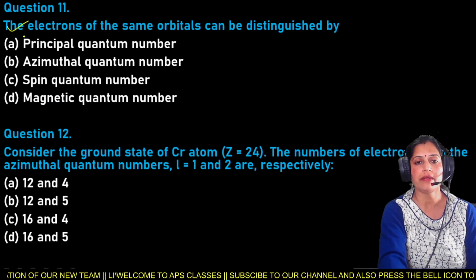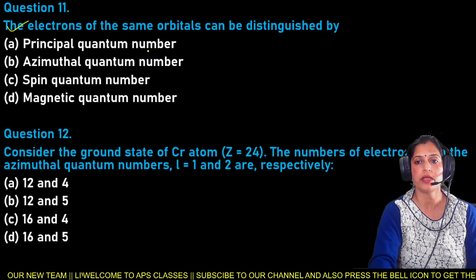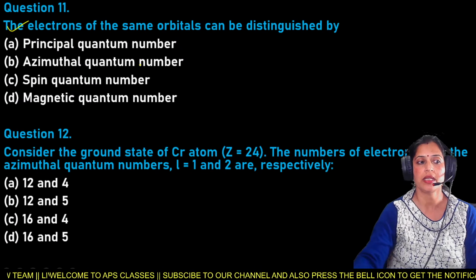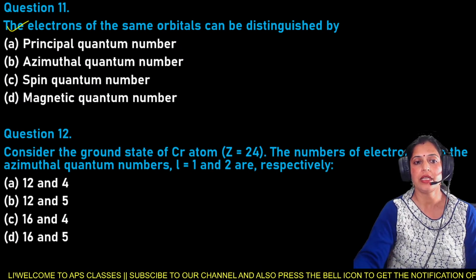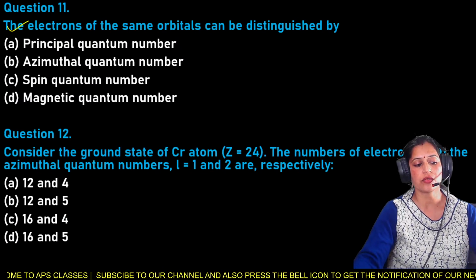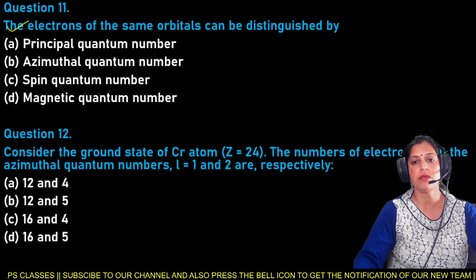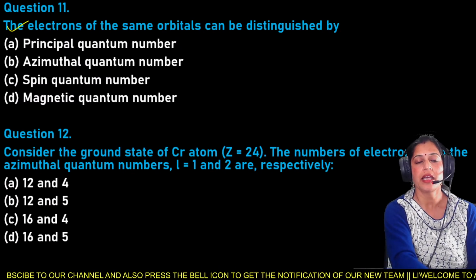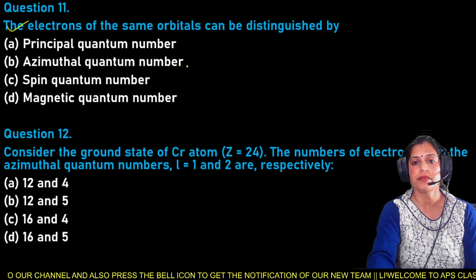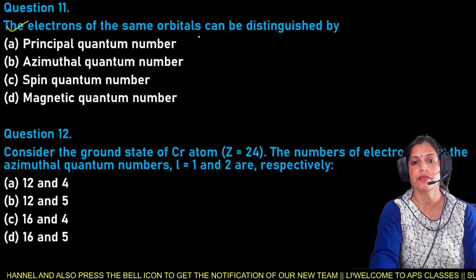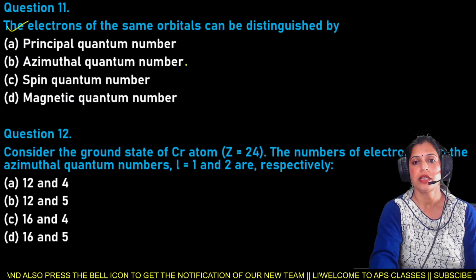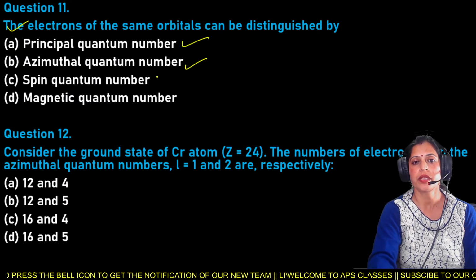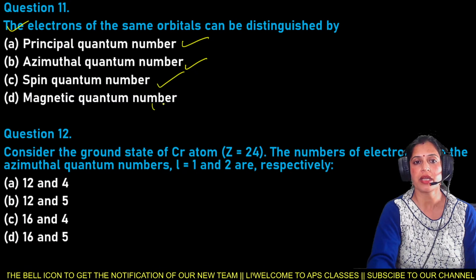Next is question number 11. The electrons of the same orbital can be distinguished by either principal quantum number, azimuthal quantum number, spin quantum number, or magnetic quantum number.